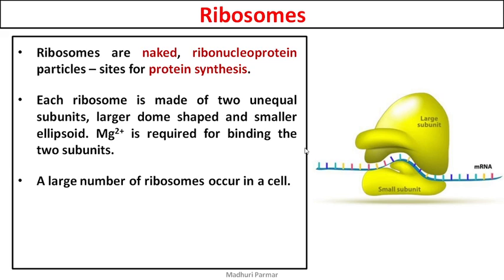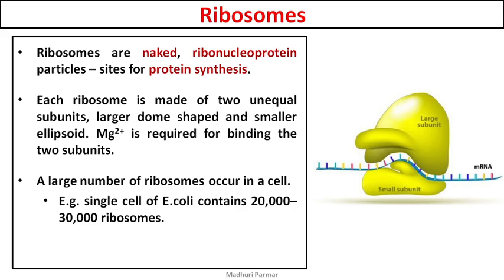Then when we talk about the numbers, how many ribosomes are present in a cell, they can occur in a large number. Just for an example, in a single cell of E. coli, Escherichia coli, which is a prokaryote, a gram-negative bacteria, it has about 20,000 to 30,000 ribosomes.